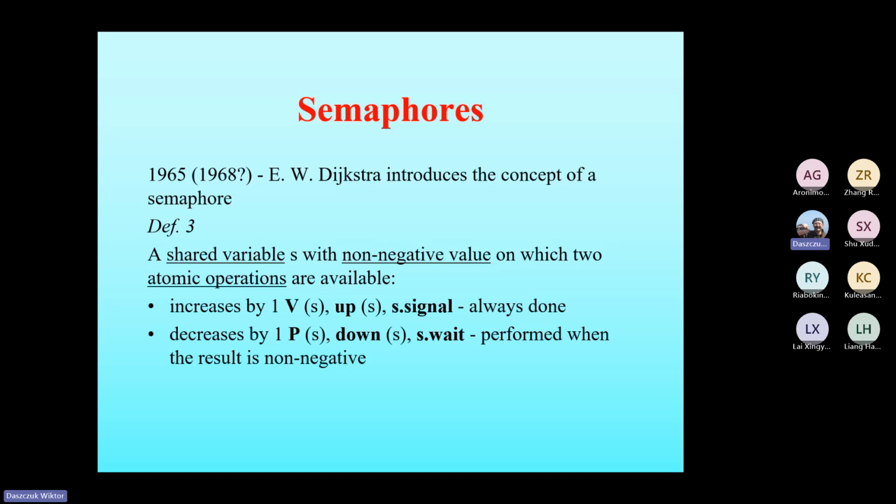But if it's in kernel, we must call some syscalls to access this variable. And it is done such a way. We have two operations, P and V, or up and down, or signal and wait. There are many names.